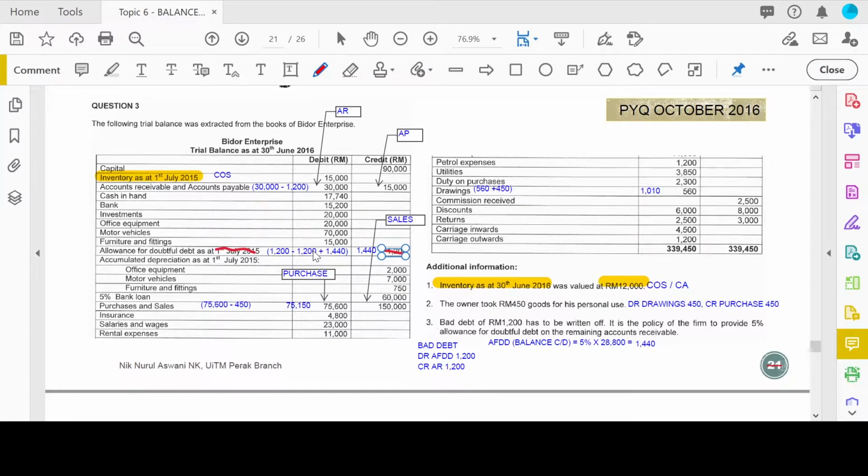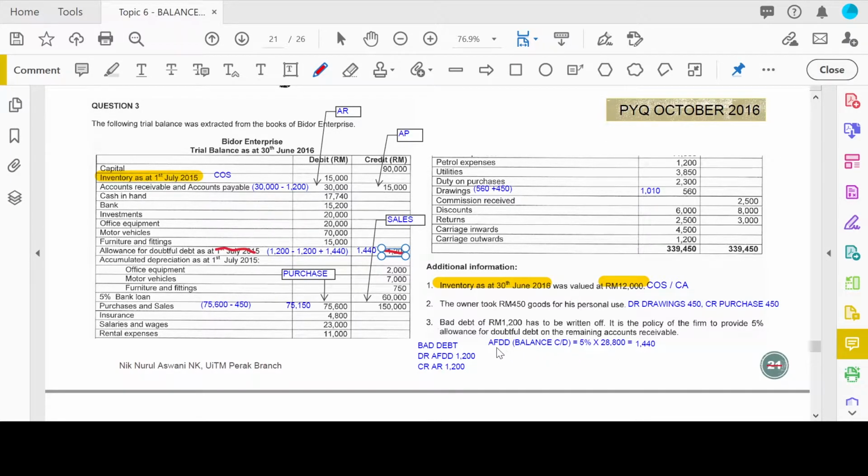But you have to show it here as 1,440, not 0. So you have to do some adjustment here. You have to add. Whenever you add something or reduce something, you have to prepare the adjusting entry. So what is the adjusting entry here? The difference is to be called doubtful debt.